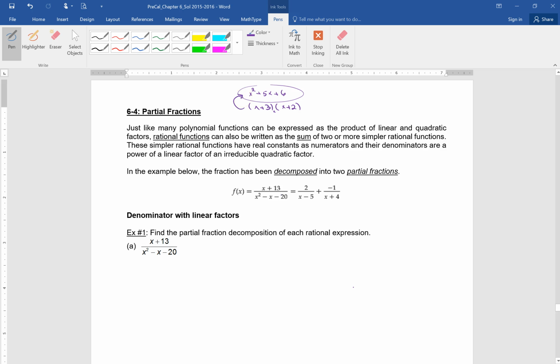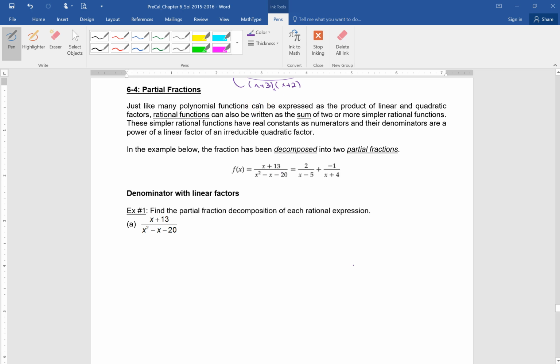Okay? Now, we're going to do the same thing now for rational expressions, a fraction. Okay? So here we have a rational function. What we can do with rational functions is we can write it as a sum of simpler rational functions.